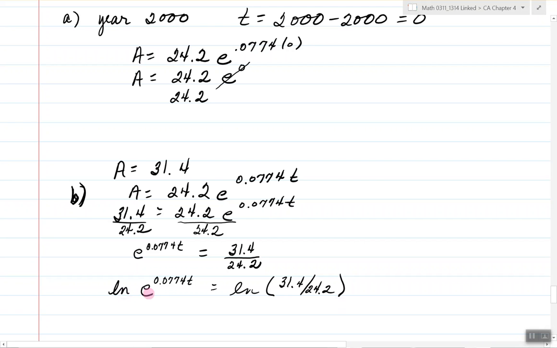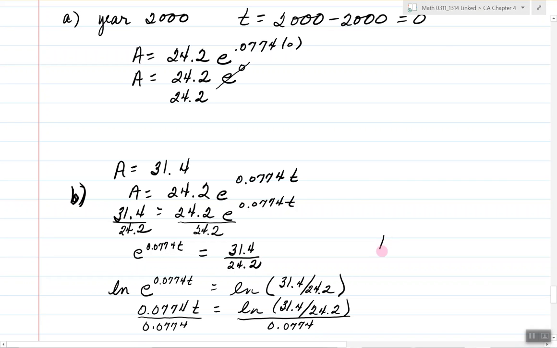I'm taking a natural log of e. That's going to give me 0.0774 t is equal to this natural log, 31.4 divided by 24.2. And I'm going to divide by 0.0774. You can put the 0 in front if you want to. Divide by 0.0774.